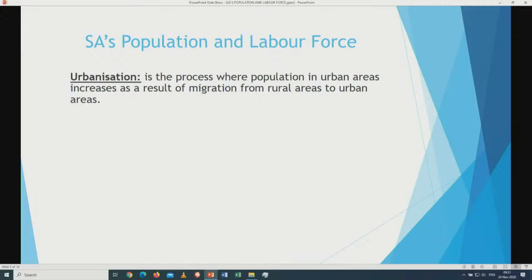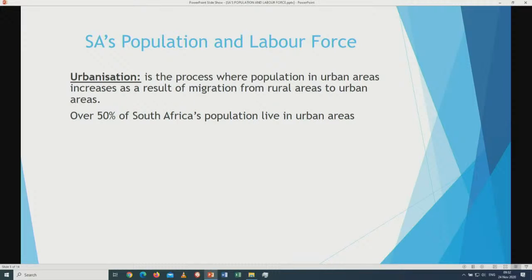Now, when you talk about urbanization, this is the process where the population in urban areas increases as a result of migration. Migration basically means the movement of people from one area to the other. So it would be migration of people from rural areas to urban areas. That is what we call urbanization, the process where the population in urban areas increases as a result of migration from rural areas to urban areas.